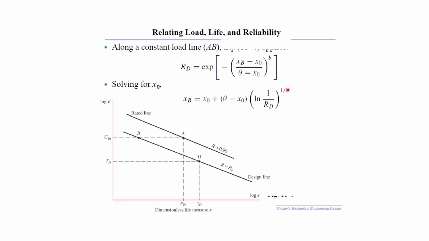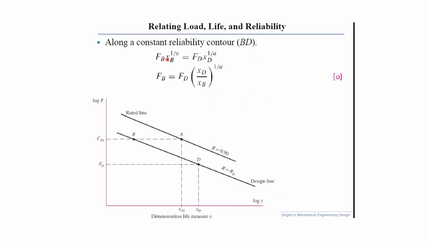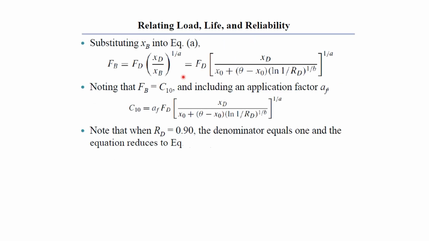So, we have now the xd and xb, and from this formula we have the equation for Fb. Knowing xd, xb and Fd, we will know the value of Fb. So, Fb is equal to Fd xd divided by xb. Xd is the desired non-dimensional parameter, which is equal to Ld divided by L10 or L rated Lr.